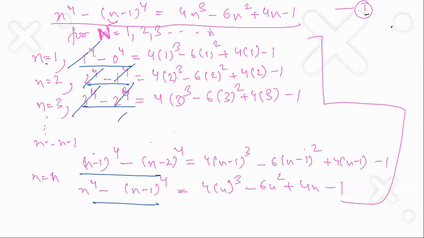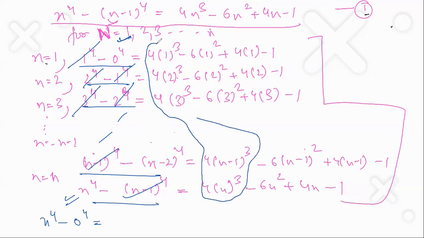Then this will also cancel; every term will cancel out except this one and this one. So what is left when we add all the terms? We are left with this on the left, and these values on the right will get added.